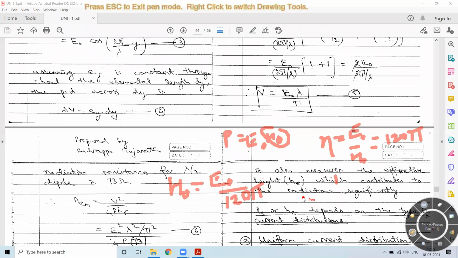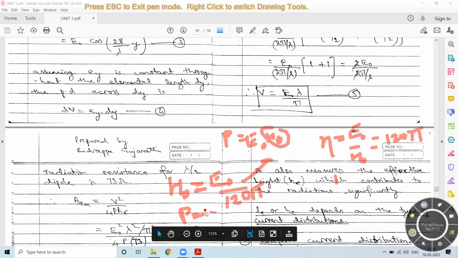This will be the value for H naught. If I substitute it over here, I get P equal to E naught square divided by 120 pi. So now I know the power density value. Power density is E naught square divided by 120 pi.